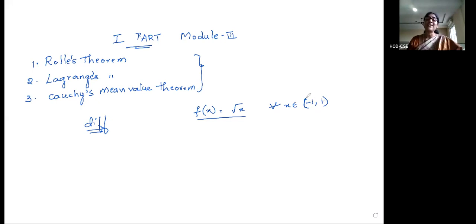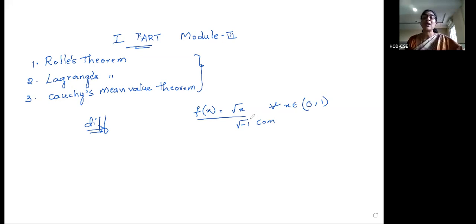As I'm taking an open interval, I'll remove this -1, because -1 is not acceptable: if you substitute -1, we are going to get a complex number. So this function is not applicable on the real numbers. So we'll better take the starting point as 0, so that we may not get confused.